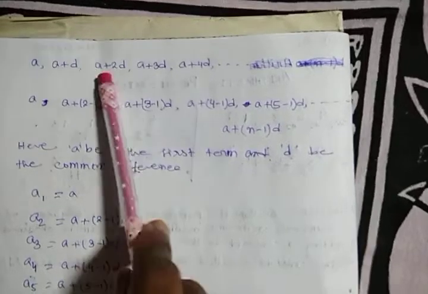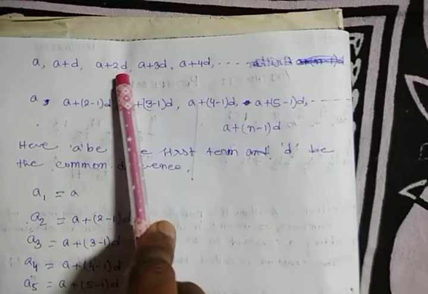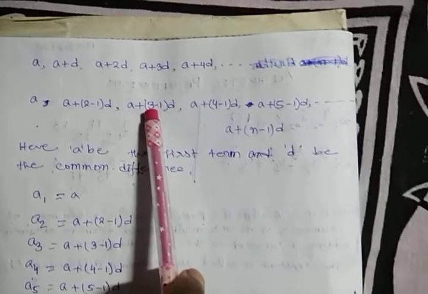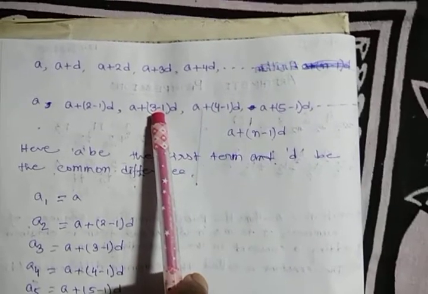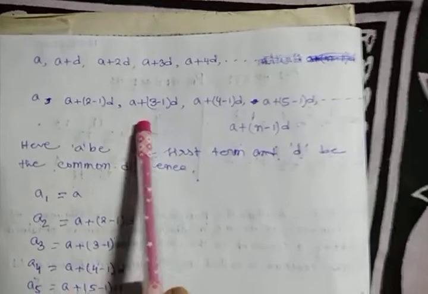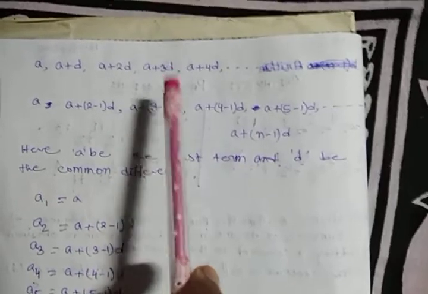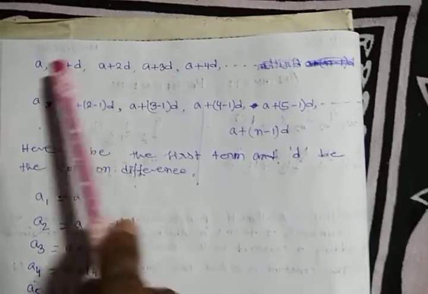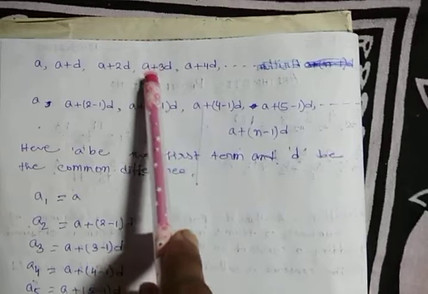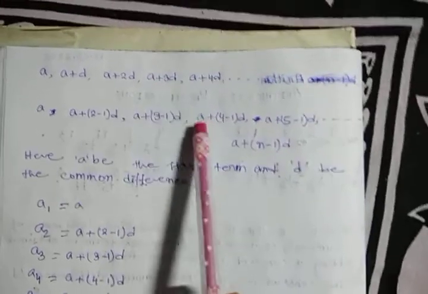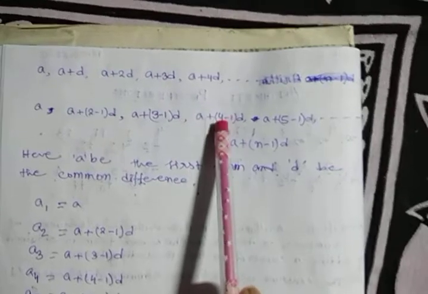The third term, here it is 3, and it can be written as A plus 3 minus 1 into D. That means 3 minus 1 is 2, so A plus 2D, and this is expressed as A plus 3 minus 1 into D. The same way, the fourth term A plus 3D can be expressed as A plus 4 minus 1 into D, since 4 minus 1 means 3.